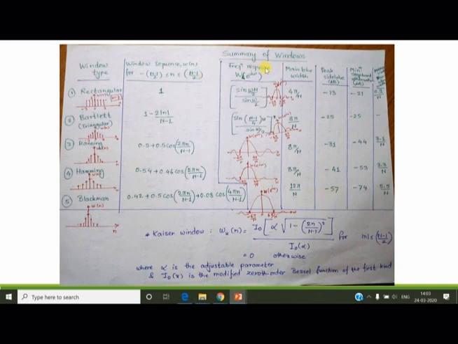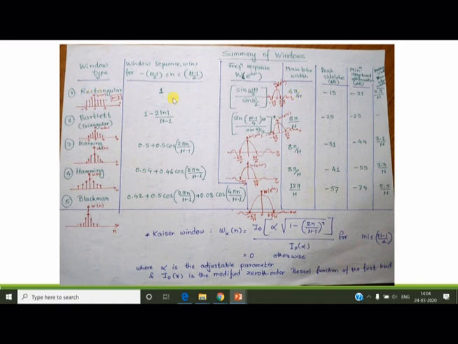The next column provides the frequency response plot for all these window functions. The next column is the main lobe width, which is a function of the length of the filter and is fixed for each window type.